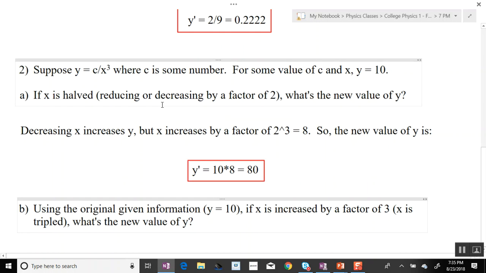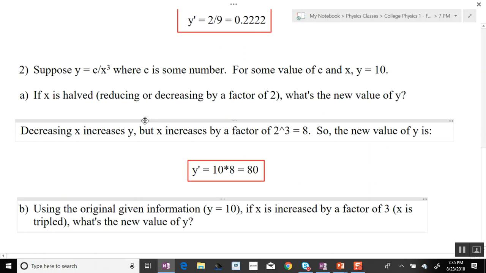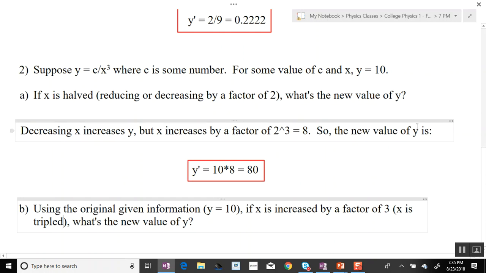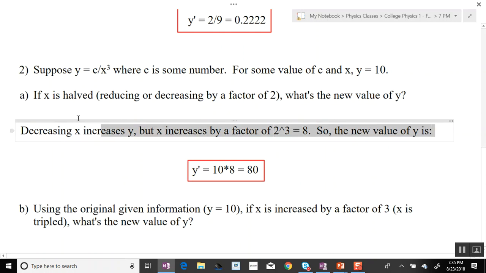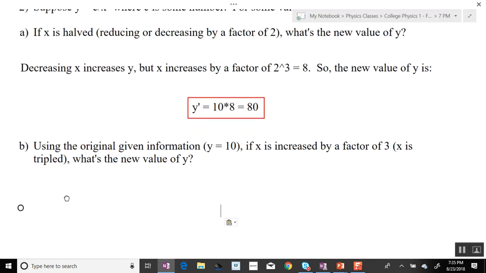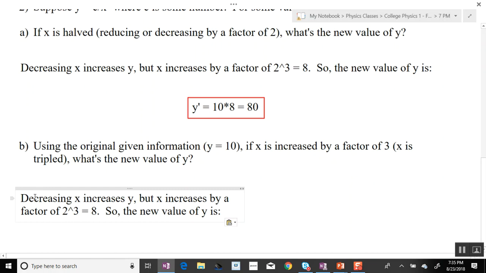Okay, so once again, if you make x bigger, because we're increasing it by 3, we're tripling it, what happens to y? Does it go up or go down? It goes down, right, because they're inverse. But what does it go down by? Yeah, it goes down by 3 cubed, right? All right, so this is opposite, right? So basically what we're doing is increasing x decreases y because they're inversely related.